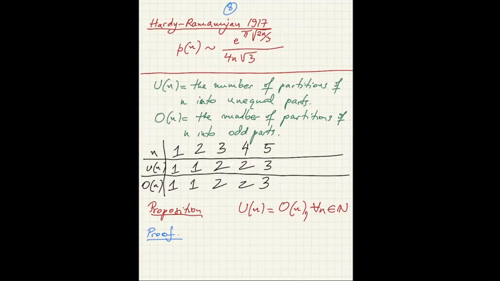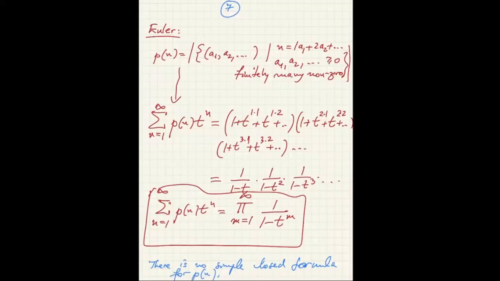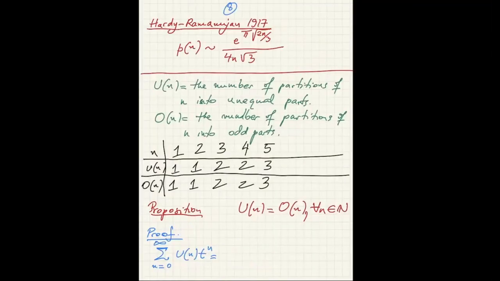So we look at the sum from n equals 0 of un t to the n. And by an argument similar to the proof of this result, here we need to use different parts. So I claim that un will be the coefficient of t to the n in the following infinite product: the product from m equals 1 to infinity of 1 plus t to the power m.